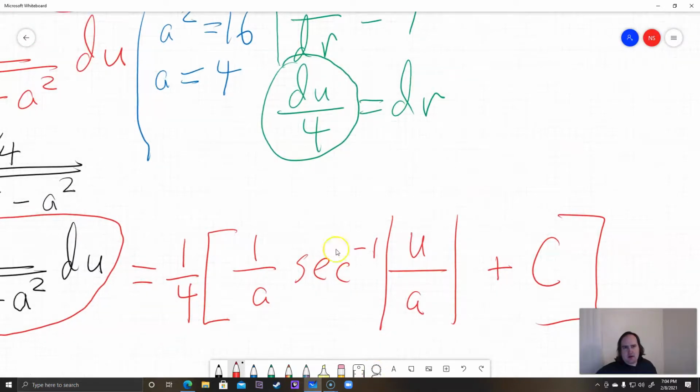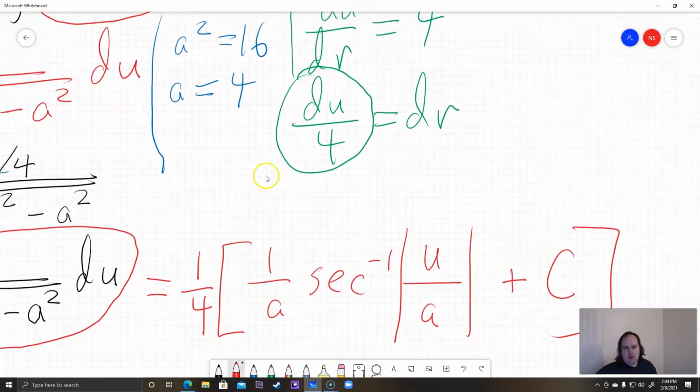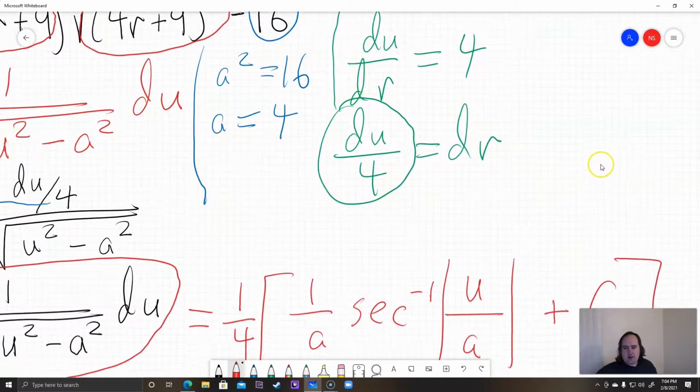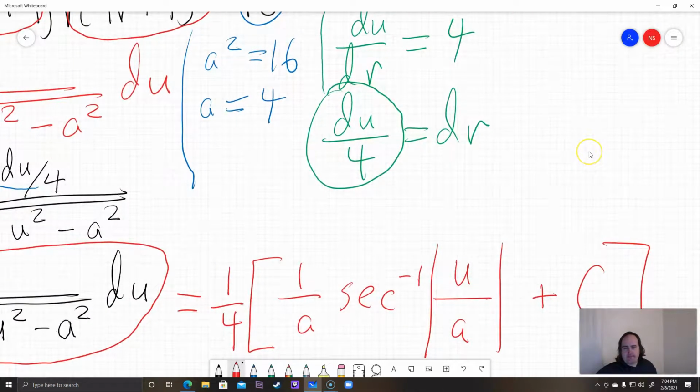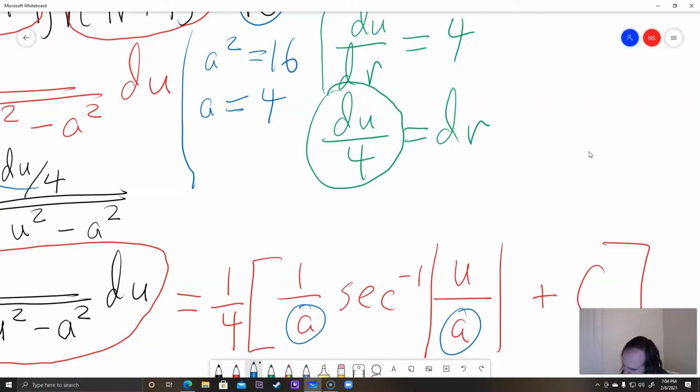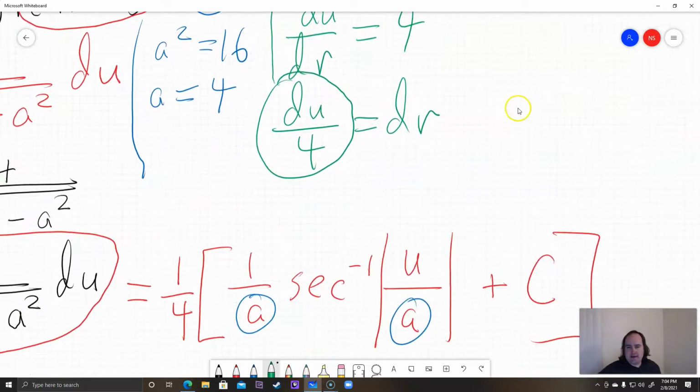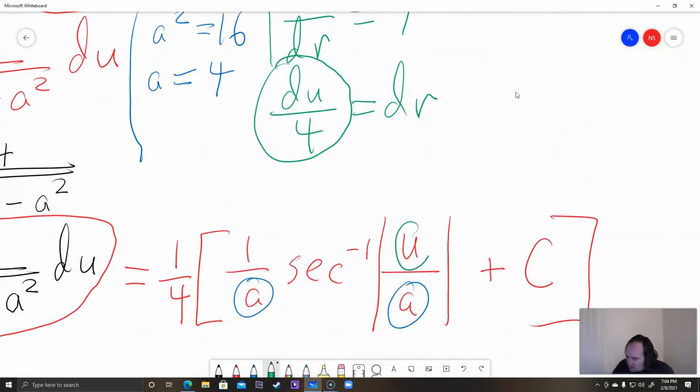Okay, and then since we already know that a is 4, and we know that u is 4r plus 9, we can go ahead and plug those in. So we're going to be plugging in 4 in place of those a's, and then we're going to be plugging in 4r plus 9 in place of u.